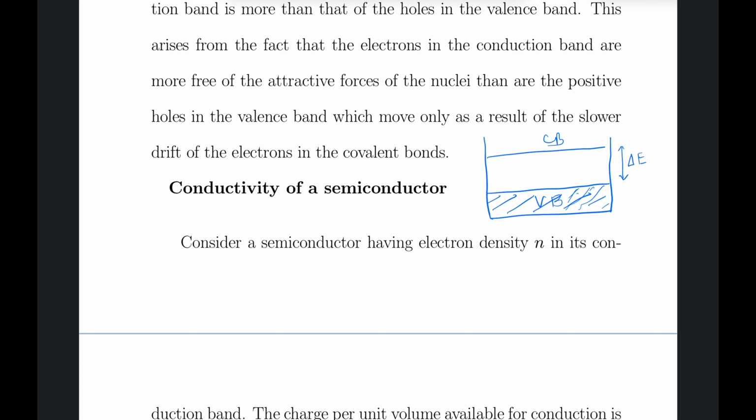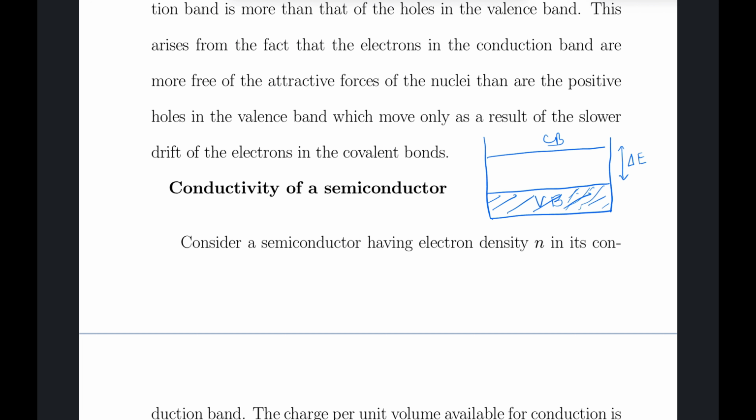When a small amount of energy is supplied, a few bonds in the valence band break down, the electrons are liberated, which move to the conduction band, leaving behind holes which behave as positively charged carriers in the valence band.